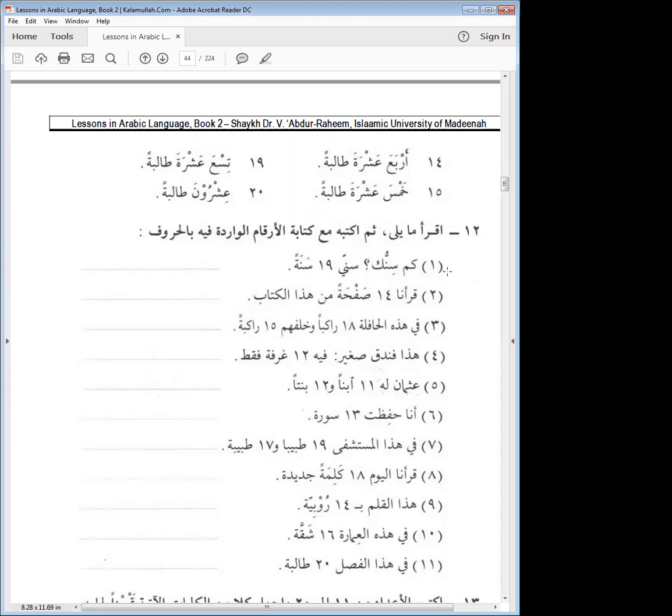واحد. كم سنك؟ سني 19 سنة. Okay? Remember, the ma'dud, the thing which is counted, is what here in the sentence? Anybody? What is the thing that is counted here?